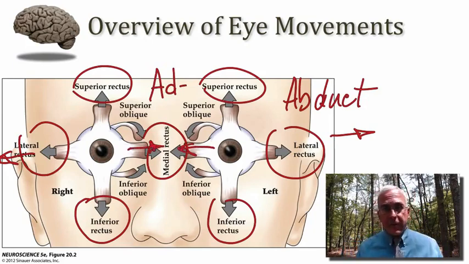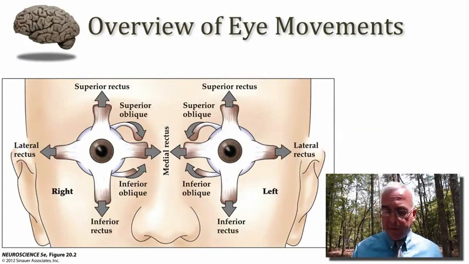Okay, so these four muscles work more or less in a Cartesian manner, pulling the eye along one standard axis of orientation or another. Well, in addition to the rectus muscles, we have two oblique muscles.